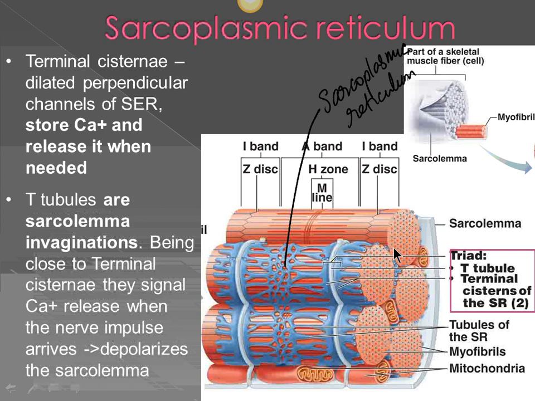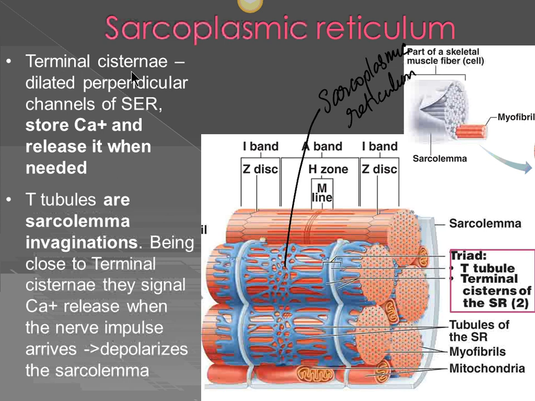Then somewhere here would be the sarcoplasmic reticulum of the next A-I junction or next sarcomere. Again, here you have this dilated channel, and on this side too. So these dilated channels which run perpendicular to the long axis of the myofibril are known as terminal cisternae.